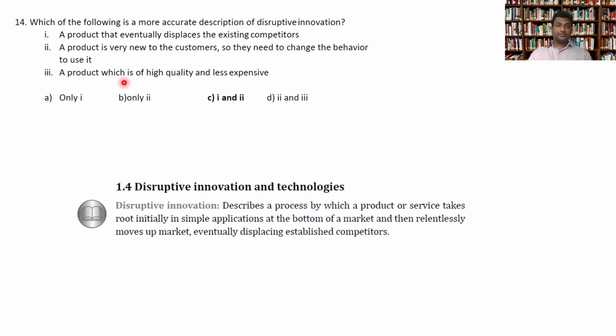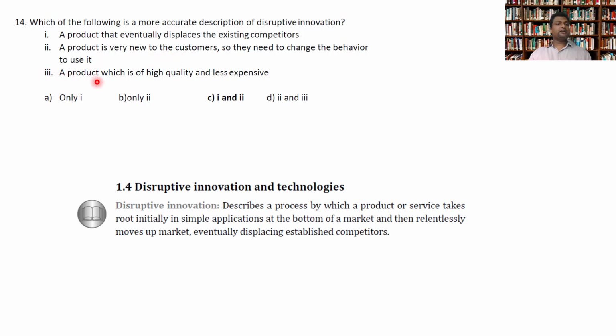Because this product and disruptive innovation, that product was not there earlier, so people was not used to using that product or service. It's a new thing, so they have to change the behavior to use it. Alright, so people will change their behavior for the new products.